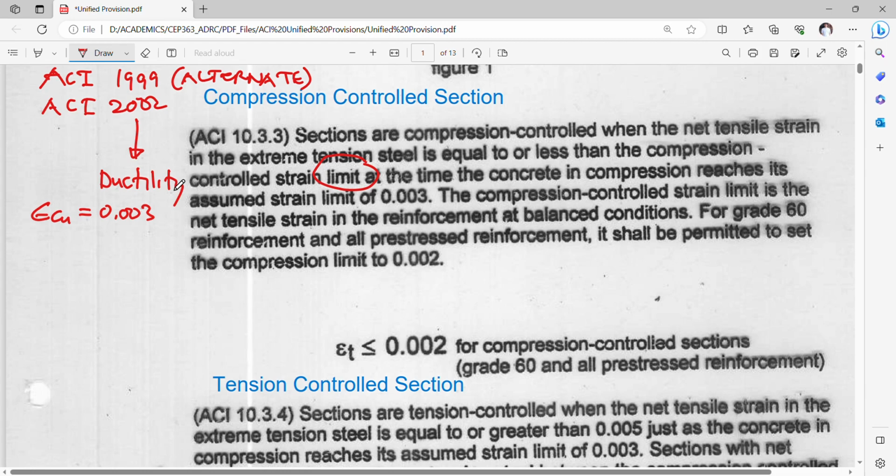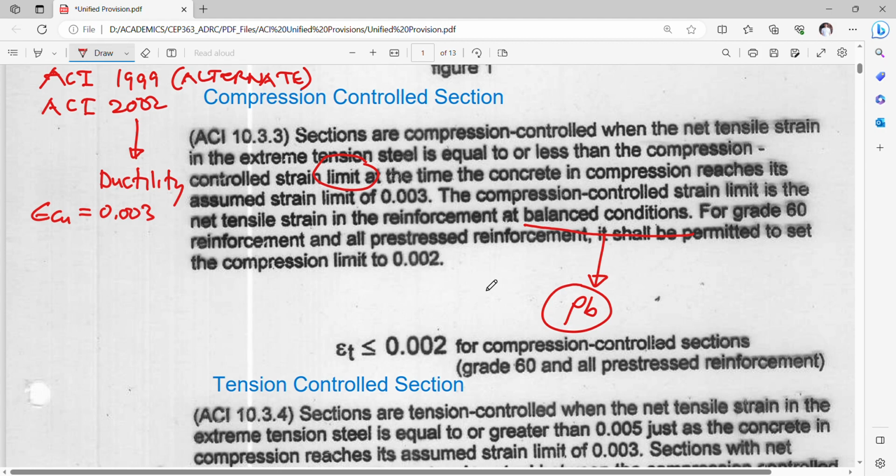So what's this compression control limit? The compression control strain limit is the net tensile strain in the reinforcement at the balance condition. So this is the rho balance parameter that we've been using in the older codes, but now it was just converted into a strain limitation.